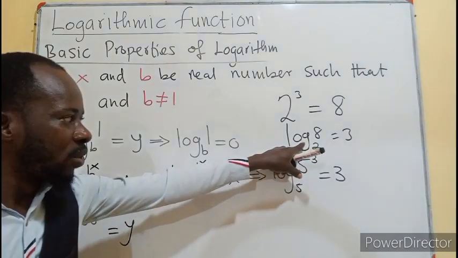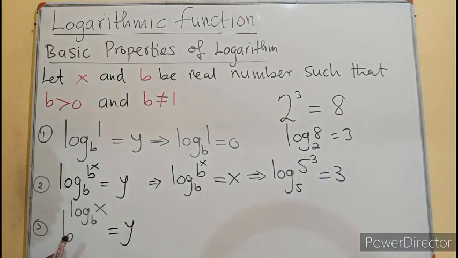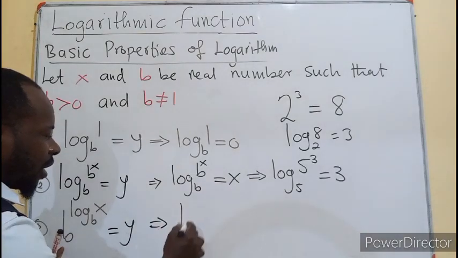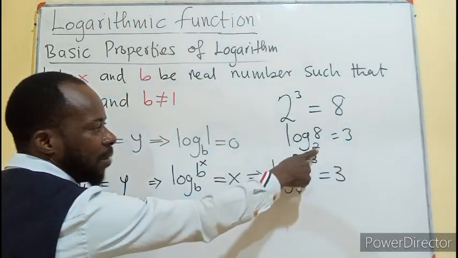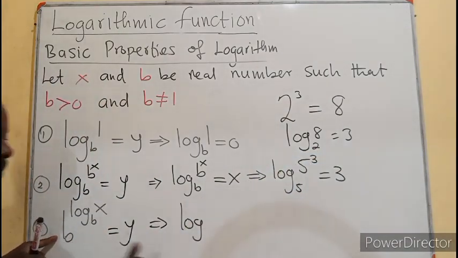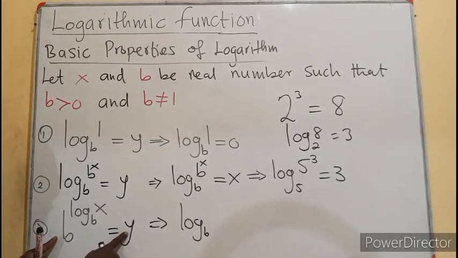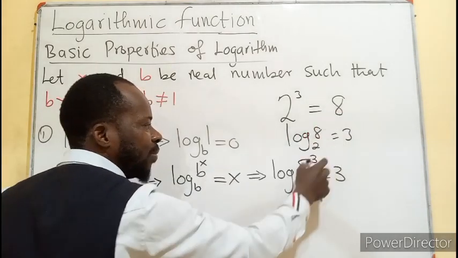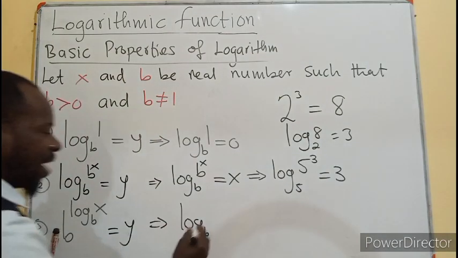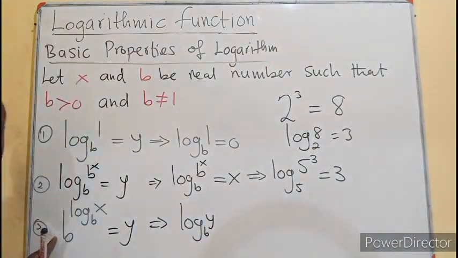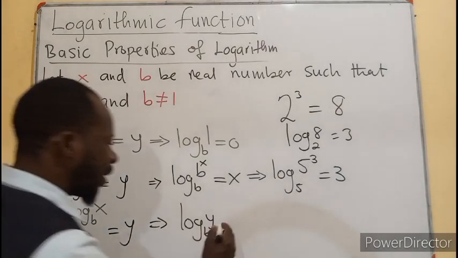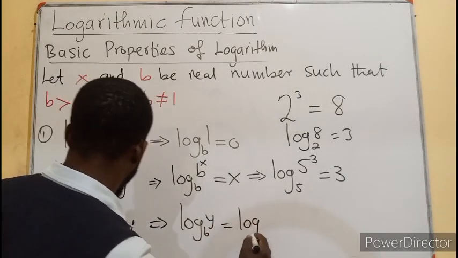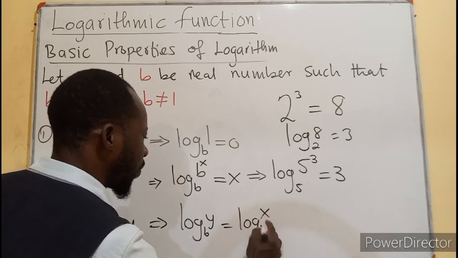Let me see if we can translate this in this form, right? So the logarithm has 2 as the base here. So b becomes the base, right? Do we see that? Then y, which is the 8, becomes the number. So here we have the number y. What we are looking for is the answer to be equal to the logarithm of x to the base b.